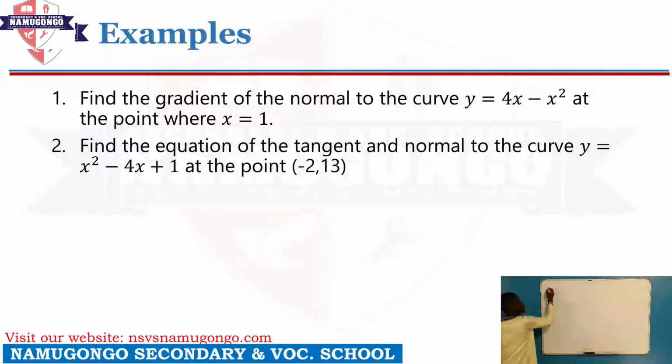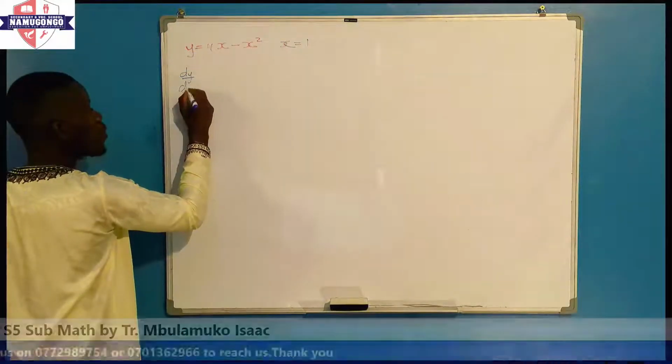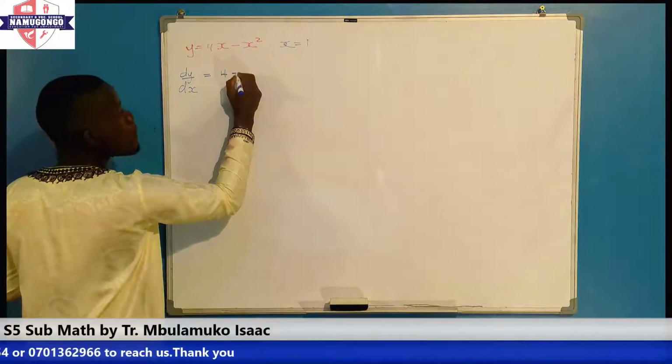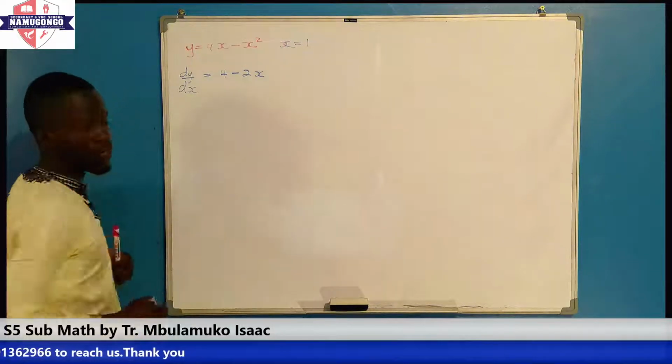We have that curve, which is y is equal to 4x minus x squared. Same thing, we shall differentiate at the point where x is equal to 1. When we differentiate this curve, we are going to have 4 minus 2x.